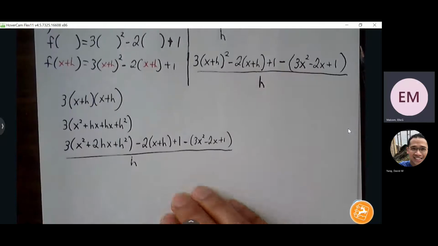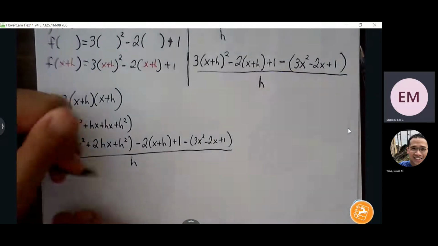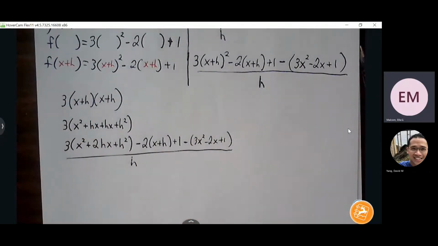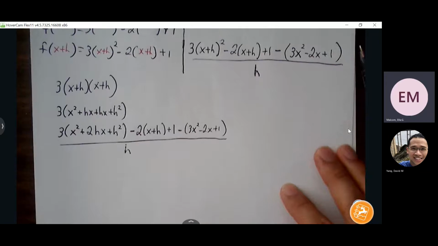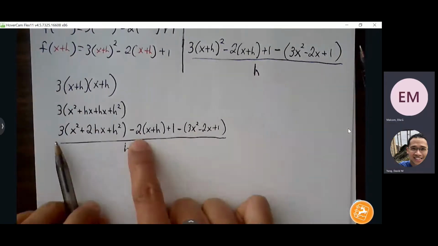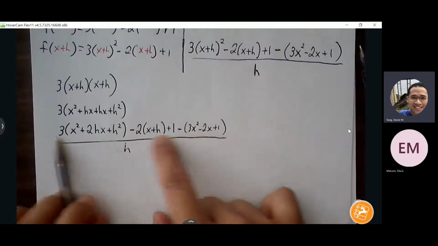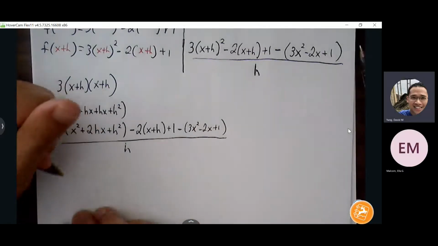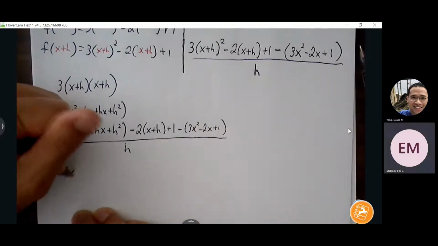So that would be 3 times x squared plus 2hx plus h squared minus 2x plus h plus 1 minus 3x squared minus 2x plus 1. And then we can distribute the 3 and the 2, right? That's right. Now all the parentheses can be resolved all at the same time here.